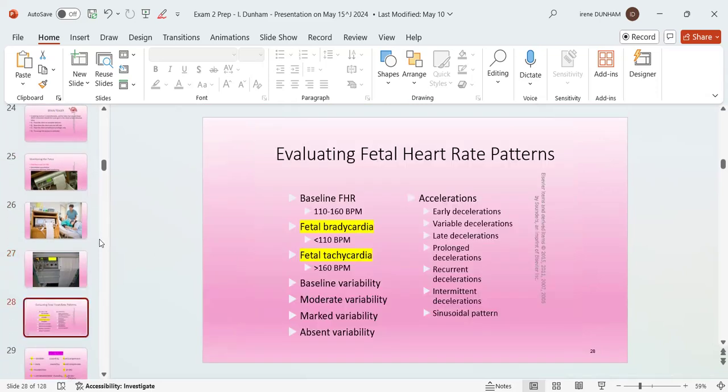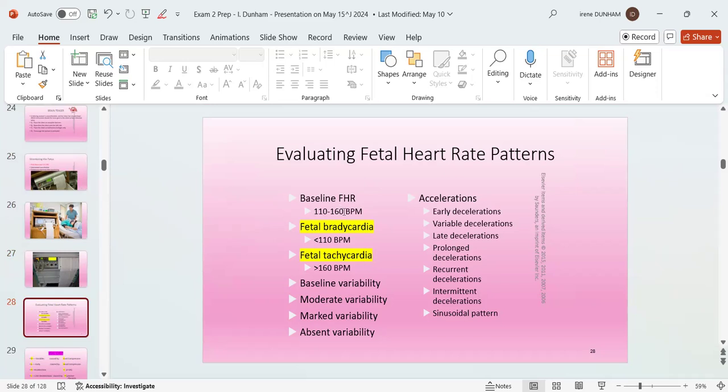All right, so when you're evaluating the fetal heart rate pattern, okay, so remember that veal chop? Okay, so you got your baseline, which you have to know, 110 to 160. Okay, anything below 110 would be fetal bradycardia, means it's going slow, brady, slow.